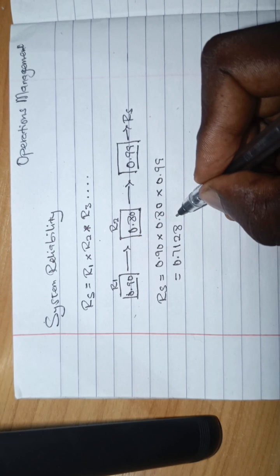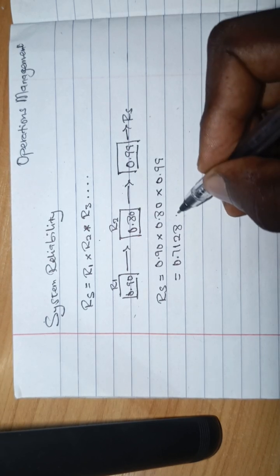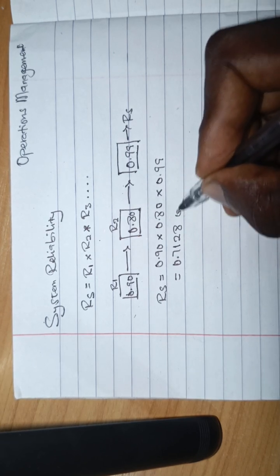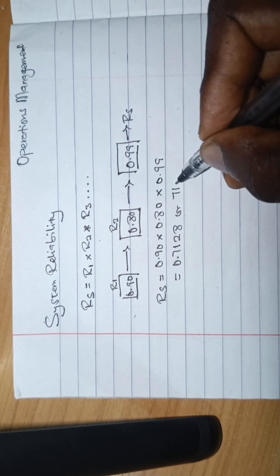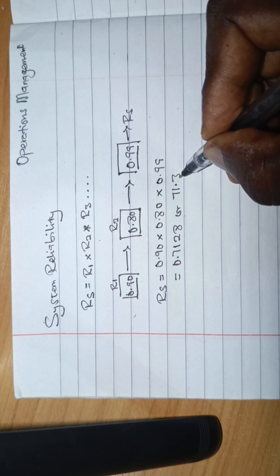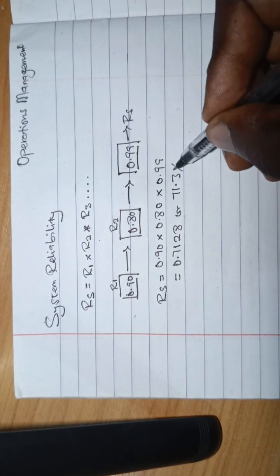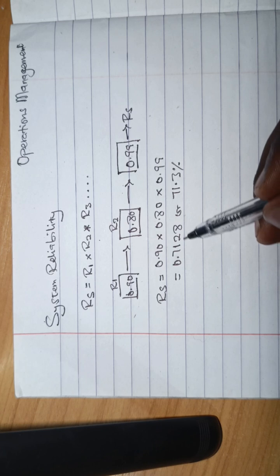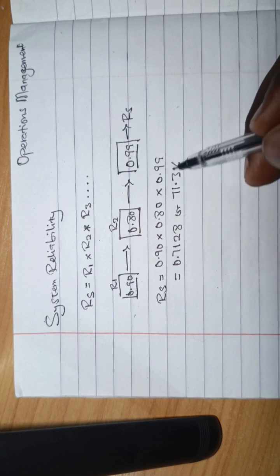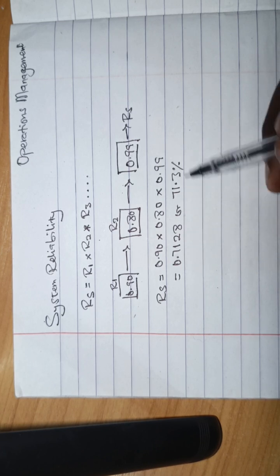Then you multiply that by 100 to get the percentage, which is 71.28 percent, to 3 decimal places. You either leave it in this form or this form, but most preferably you leave it in this form.